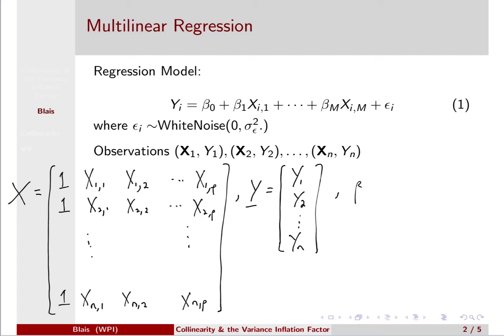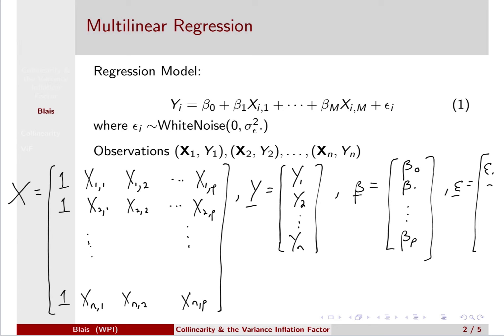And we can also put our beta coefficients into a vector, beta naught, beta 1, down to beta p, and our noise terms into a vector, epsilon 1, epsilon 2, down to epsilon n. And we now have all the tools that we need to vectorize this problem.